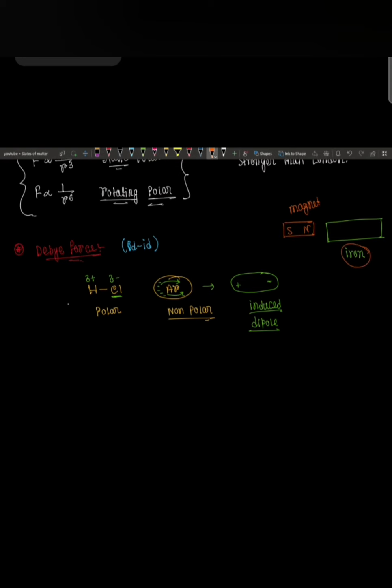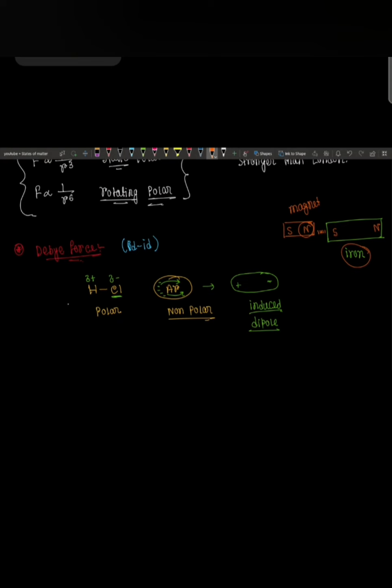Because as this is the north pole, they turn this part south and the other part north, and now there is an attraction between north and south. That's the thing we are talking about right now. So they're just inducing the electron cloud to move in such a direction that we get these induced dipoles over here.